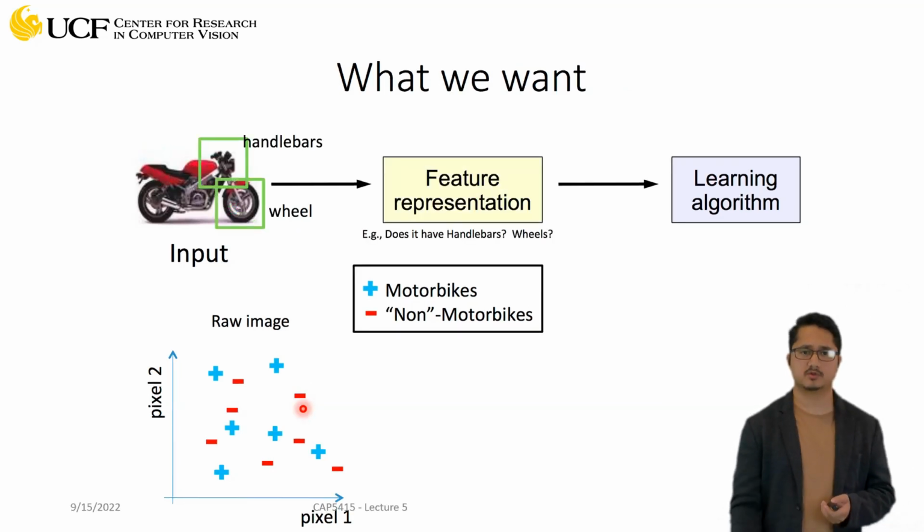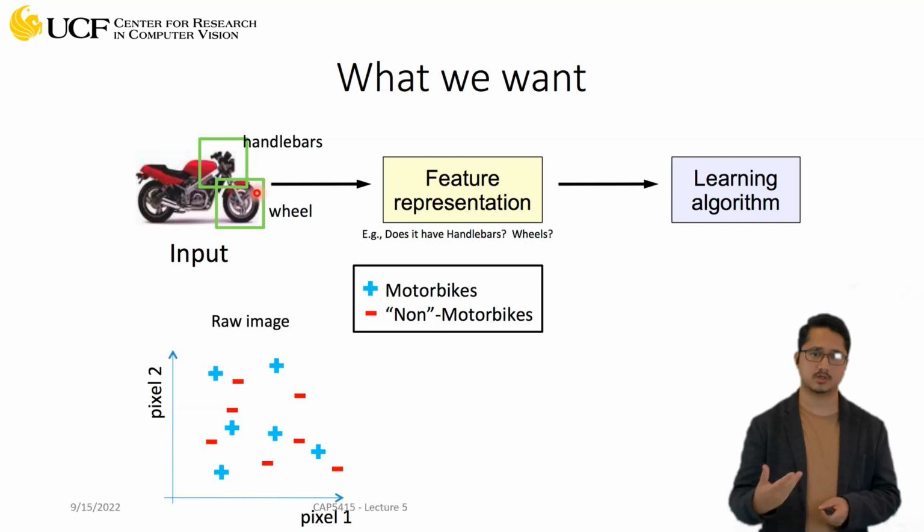One simple step could be to use a feature representation, which looks at parts of these images or parts of these objects. Parts could be, for example, handlebars, or wheels. Right now, don't worry about how to actually extract wheels or handlebars, but just try to understand that we are moving from pixel level to concept level.